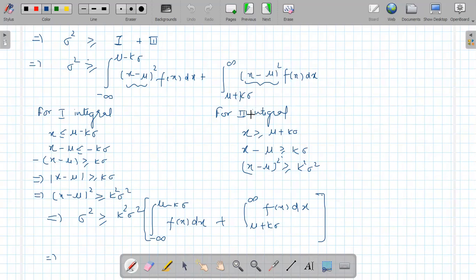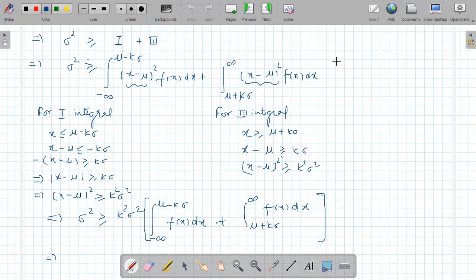And similarly for this integral also, we have x minus mu whole square is greater than or equal to k square sigma square, because here x is greater than or equal to mu plus k sigma. So for both we have x minus mu whole square is greater than or equal to k square sigma square.